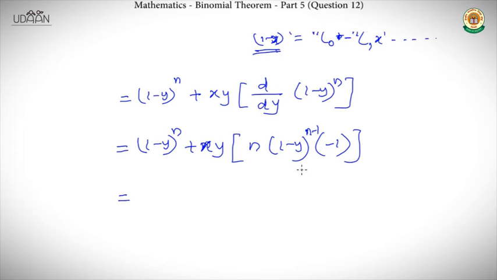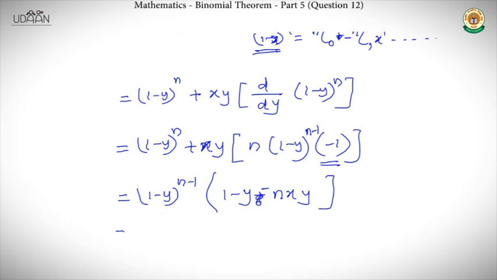After getting this, we'll take common 1 minus y whole raised to n minus 1, in bracket 1 minus y plus n xy, actually minus n xy, because there is a minus 1 sign there. That's why this is minus 1.